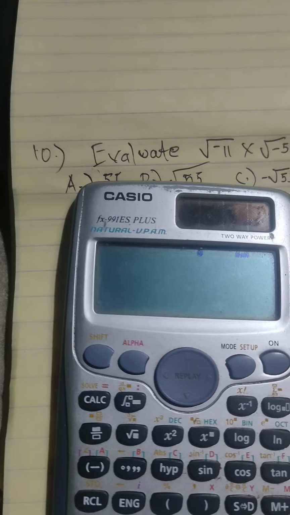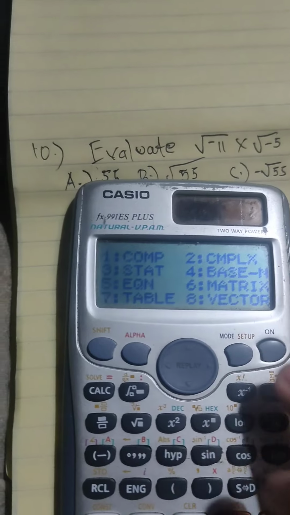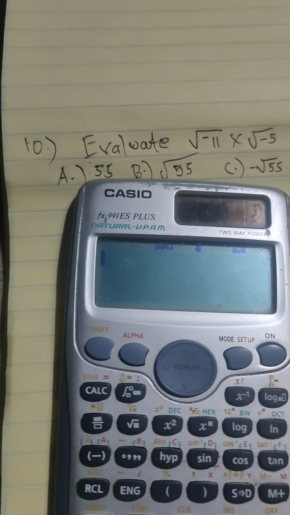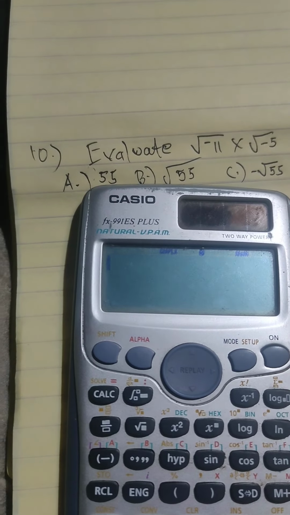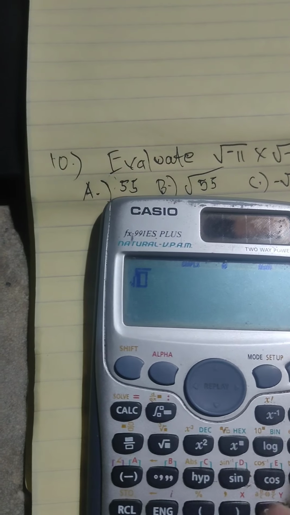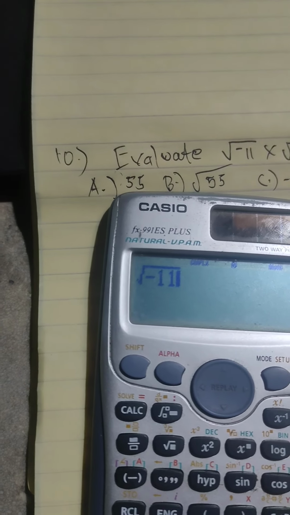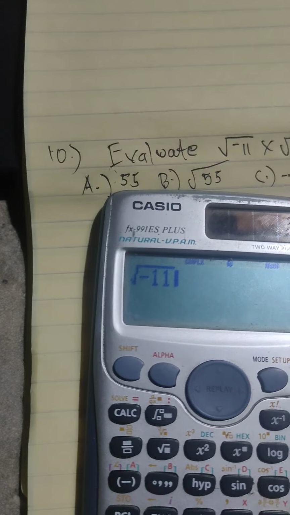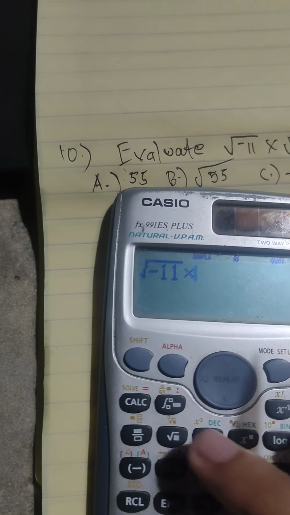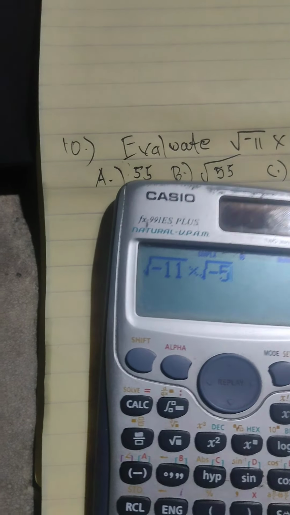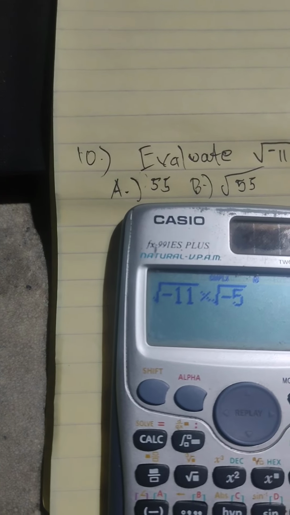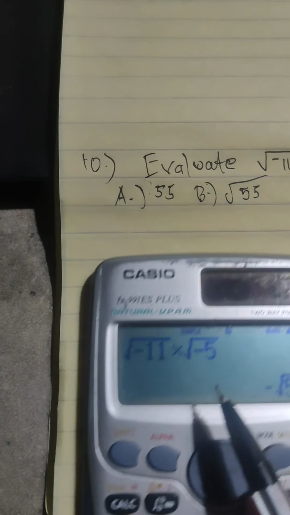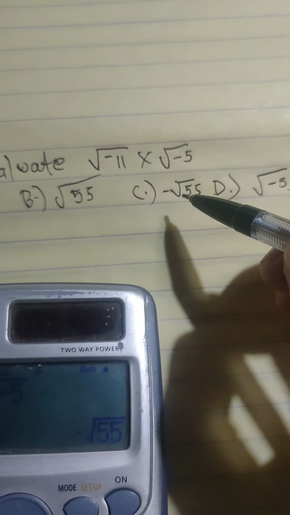So the technique that we need to use is mode 2 complex. Then rewrite the equation, which is square root of negative 11 times square root of negative 5. So the answer would be negative square root of 55. So it is letter C.